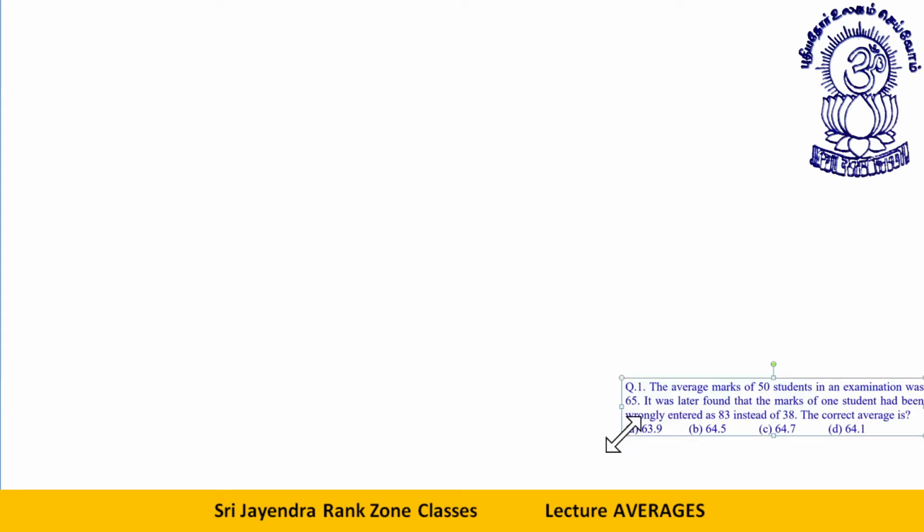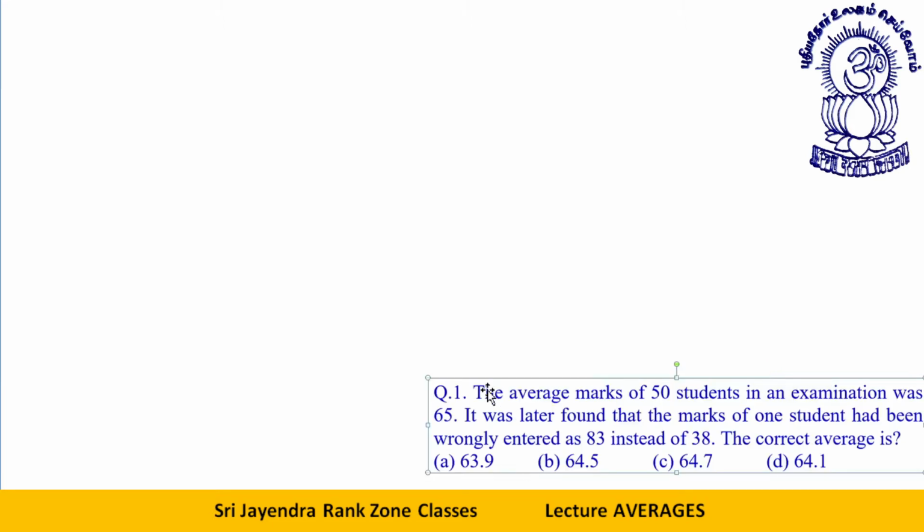See, the first question we have is this sort of question. I have done a few. Let's take one more. The average marks of 50 students in an examination was 65. It was later found that the marks of one student had been wrongly entered as 83 instead of 38. The correct average is, well, students, we have done it. Since I've shown it, I will just do it by shortcut as told to you in my previous classes.